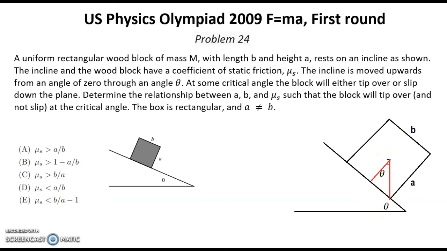And the tangent of this angle theta in a block is exactly equal to b over a. And we know that this tangent equals mu static. So this is our formula. It means that this block will tip over when tangent theta, or mu static, is greater than b over a. That's the answer to the question, which is C.